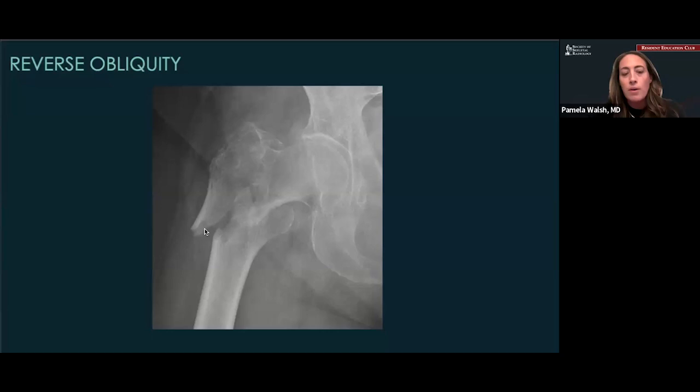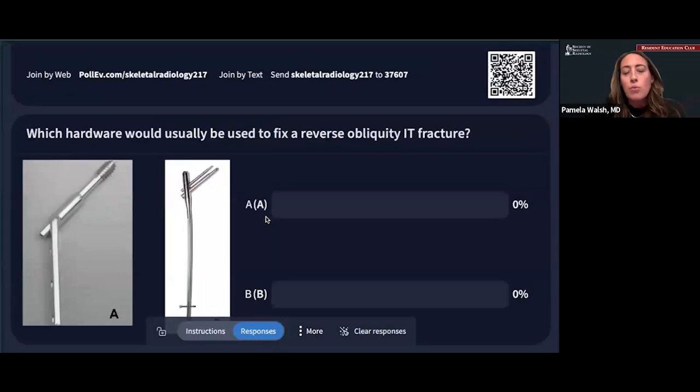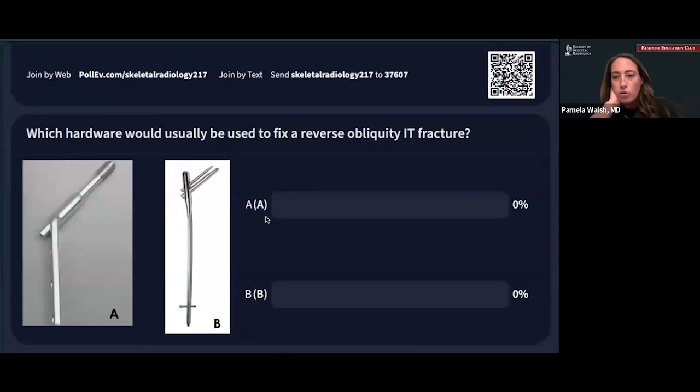It's going from the lower outer aspect of the femur, and it's going in an upward fashion across the intertrochanteric region. Our classic intertrochanteric fractures come from up here at the greater trochanter and come down to the lesser troch. So we have that reverse oblique fracture.